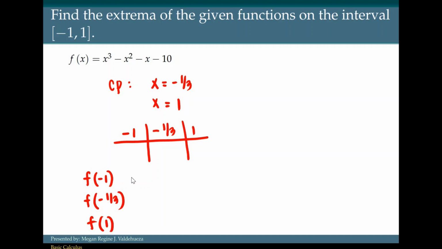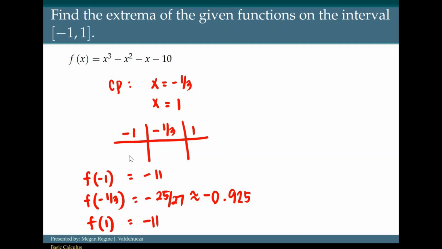Using our calculators, this will give us -11, -25/27, or that is approximately -0.925, and -11.